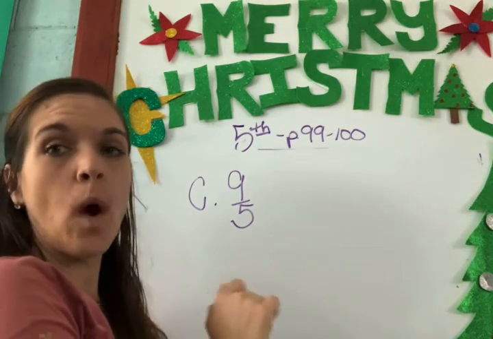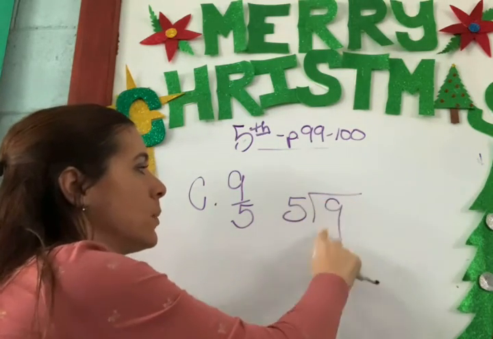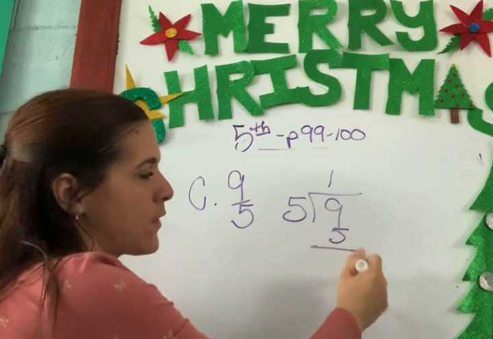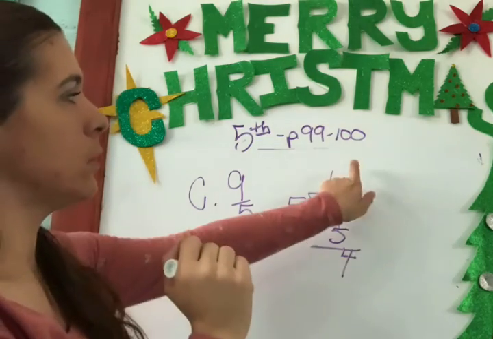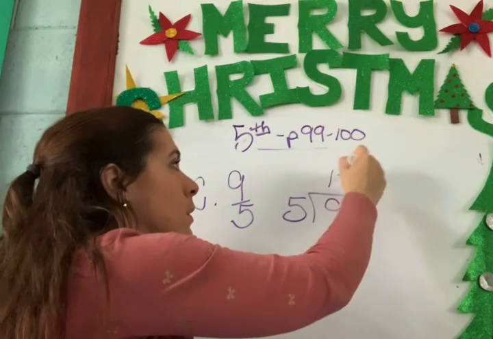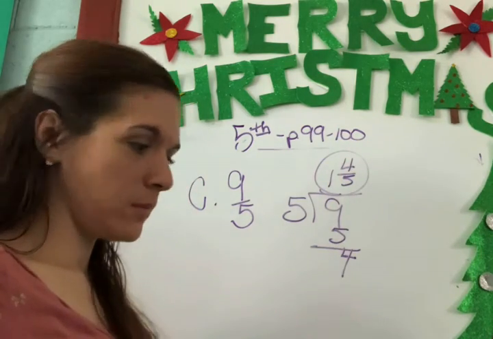Okay, your answer should be 1 4/5. Why? Because you put 5 into 9. Oops, 5 into 9 one time. 1 times 5 is 5. 9 minus 5 is 4. So Andres, what is our remainder? Four over 5. Okay? There you go.